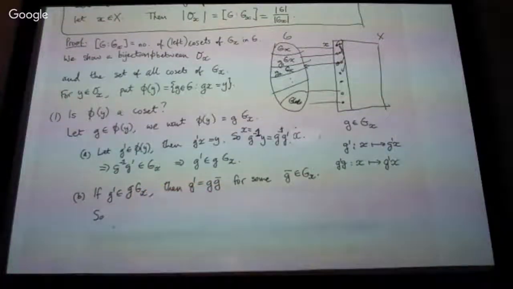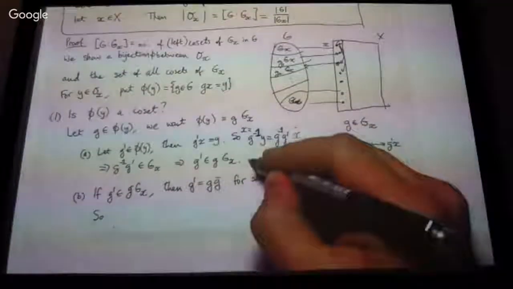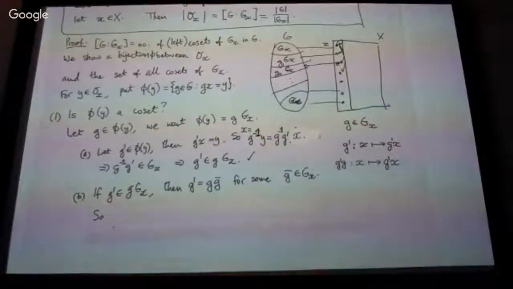What I'm trying to prove is that g dash is in the phi y thing. In part A, I was assuming it. Now in part B, I'm assuming that it's on the right-hand side, and I'm trying to prove that it's on the left-hand side. So if g dash is in the right-hand side, because of the definition of the coset, it can be written as g times g bar, some g bar from the stabilizer.